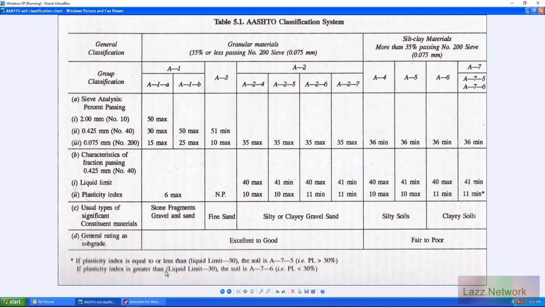So if your plastic index is greater than your liquid limit, which is 42, and it's not, then saying the soil is A76. But then why is it giving an example as if, is this worded wrong? Should this be plastic limit?